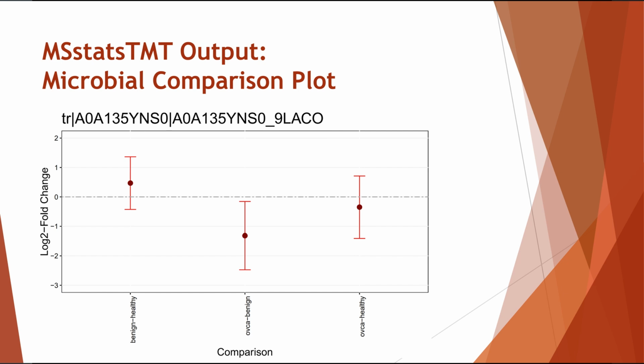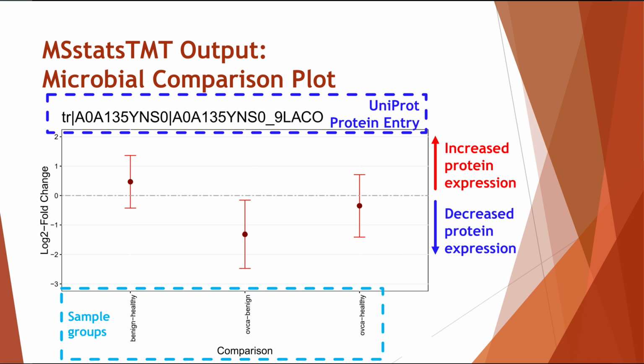This plot allows us to see how a protein can be differentially expressed across different sample groups. The data point for the ovarian cancer to benign comparison is below the horizontal dashed line, which equals a decrease in protein expression. This corroborates what we saw previously. This protein is downregulated in ovarian cancer cases compared to benign.